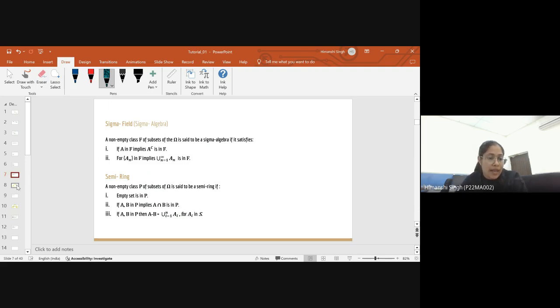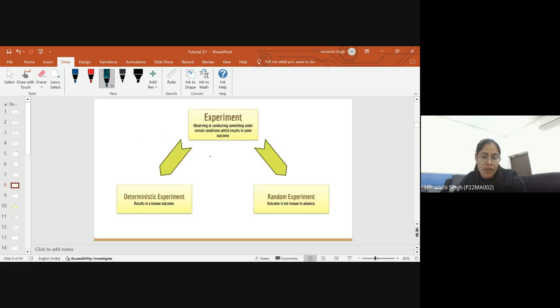Now, coming to the statistical point of view, what is an experiment called? When we are observing or conducting something under certain conditions which result in some outcome, then we say that this is an experiment.